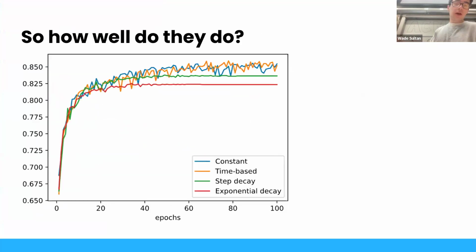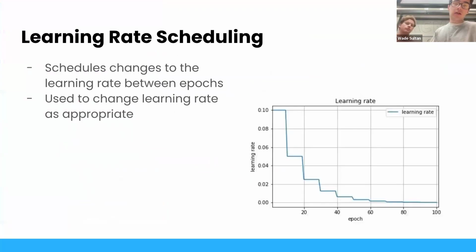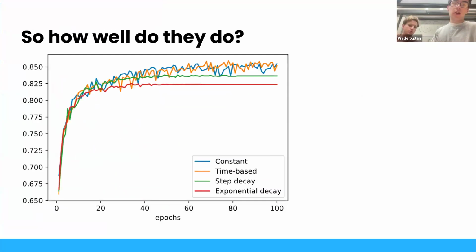I'm not sure what the axes are. Yeah, I think so. I'm not entirely sure what the y-axis is. I think it's loss. Accuracy? It's probably loss, accuracy. I think it's accuracy.